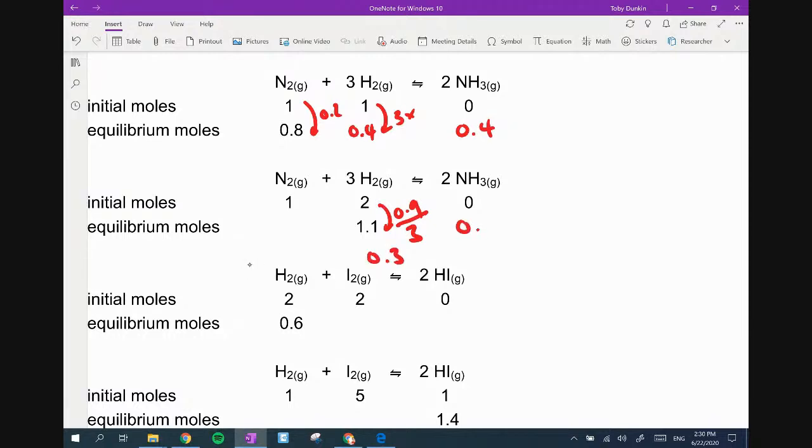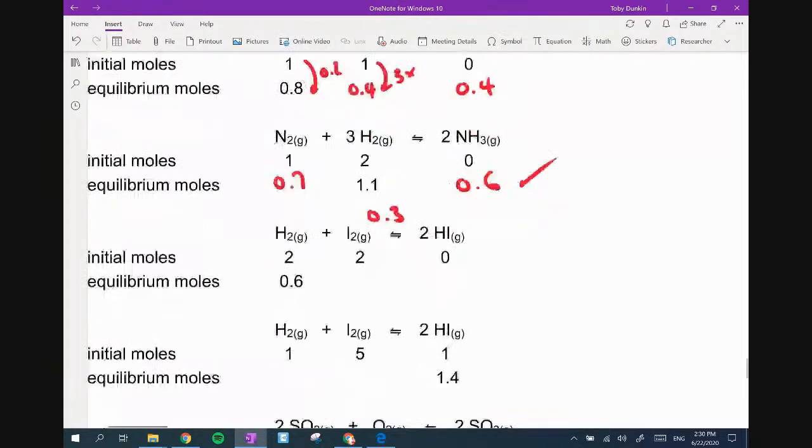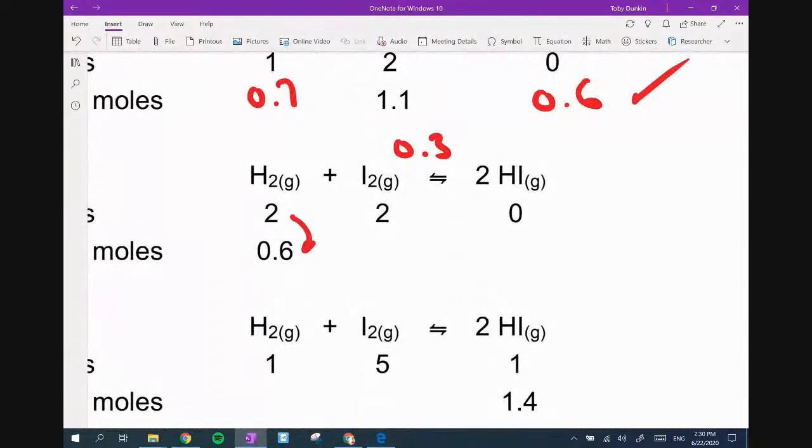This is going to increase by twice that. This one's going to decrease by 1 times that. Tick them if you've got them. Next, this one's dropped by 1.4. This one's going to drop by the same 1.4. This one's going to go up by twice 1.4, which is 2.8. Tick him if you've got him.